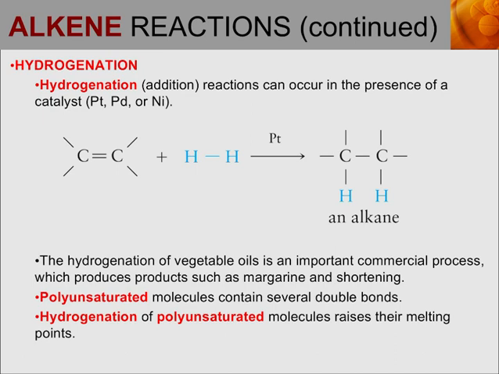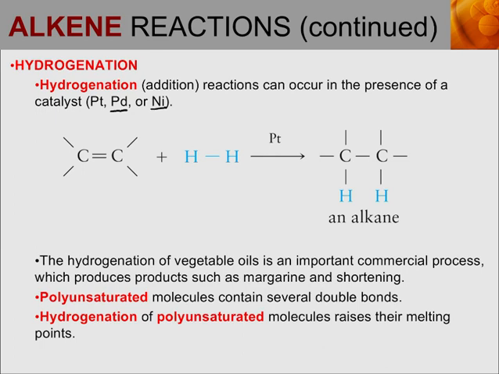Now the next reaction is hydrogenation. Hydrogenation reactions can occur in the presence of a catalyst. Earlier we said platinum is typically used, but you could also use the element called palladium, Pd, or nickel. Any of those will work.